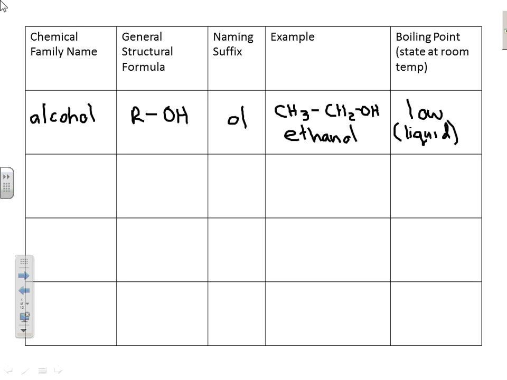So next, instead of putting the O by an H, we're going to put the O in between two carbons. So we've got carbons on opposite sides, as if the oxygen is holding hands with the two carbon groups. And this is called an ether. All right?